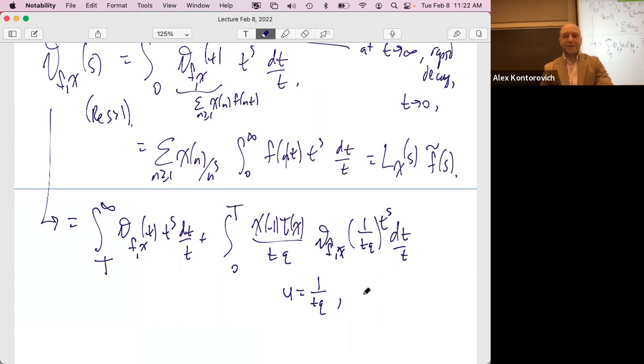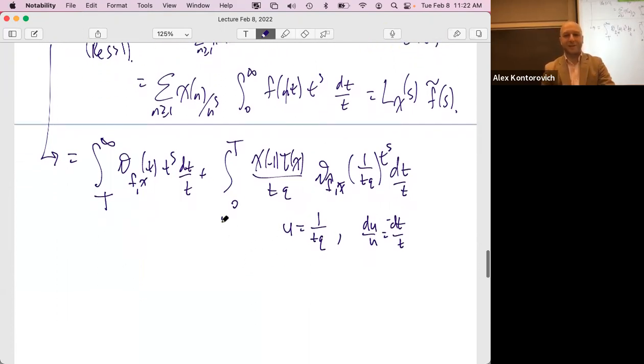Then it'll surprise nobody that du over u is dt over t, with a minus sign. But then you're swapping around, and to swap the integrals, let's work on this. This thing is equal to an integral where u will start, t ended at big T, so this will start at 1 over tq up to infinity, and I switch them because of the minus sign, du over u.